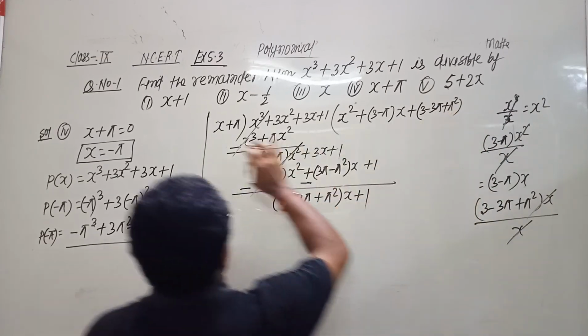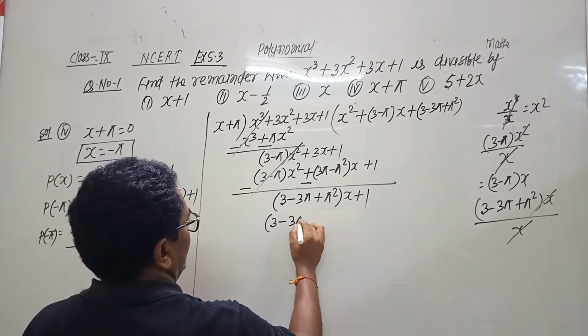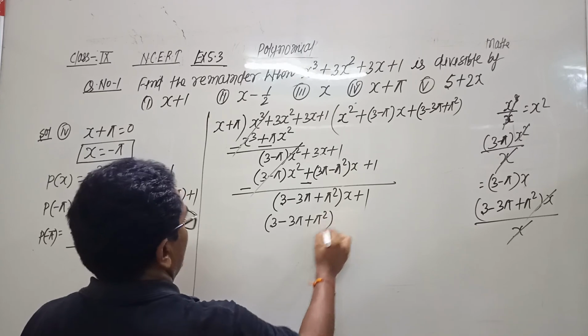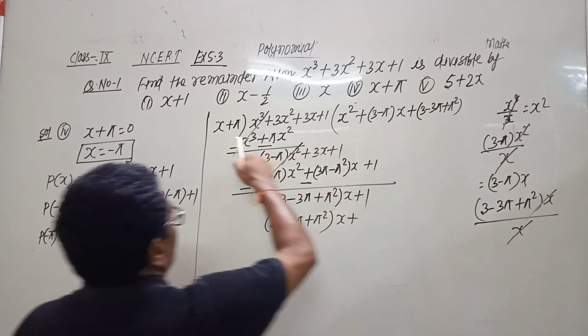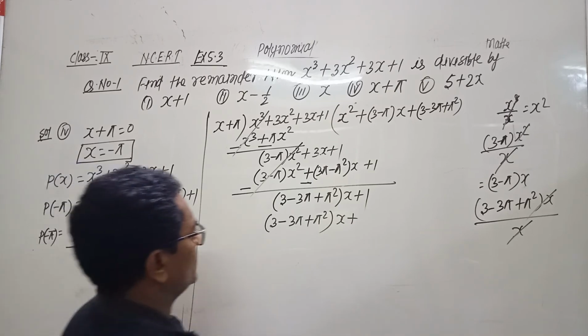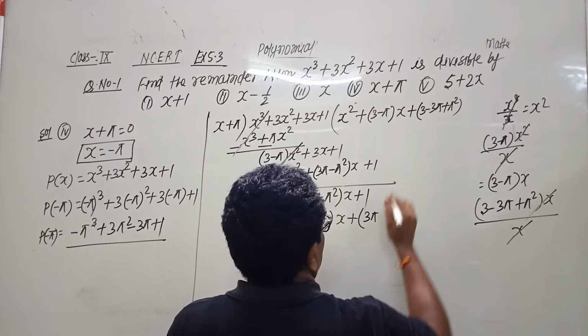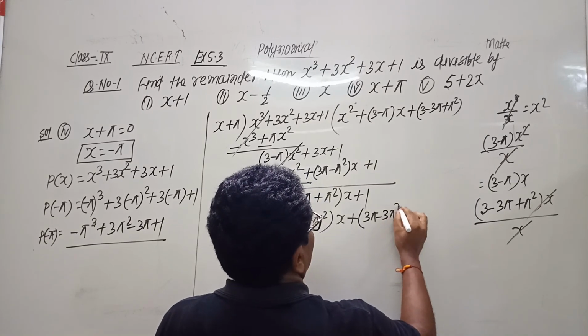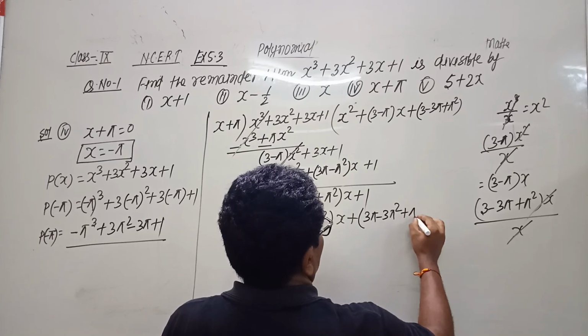So this multiplied by x, it comes 3 minus 3p plus p square into x, and this multiplied by p, so we get 3p minus 3p square plus p cube.